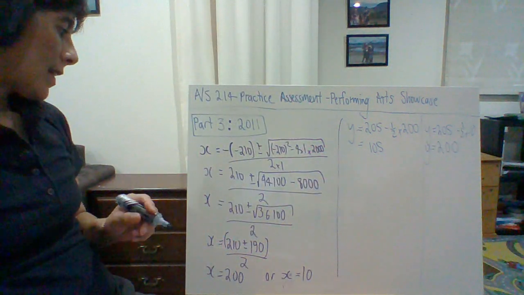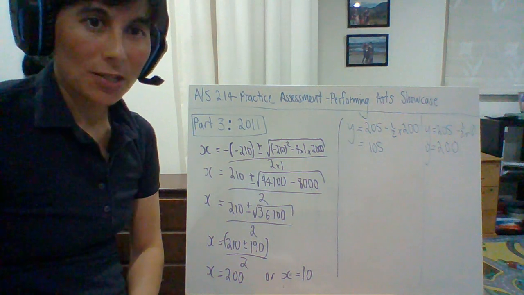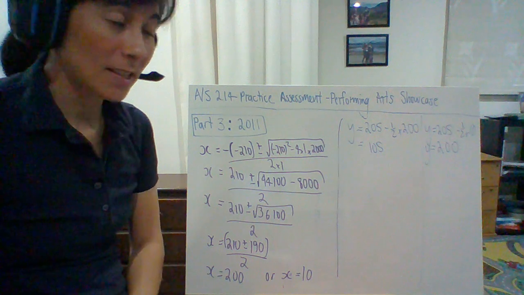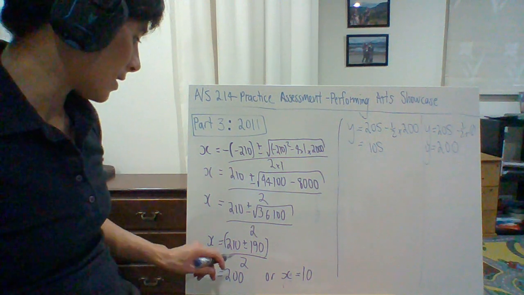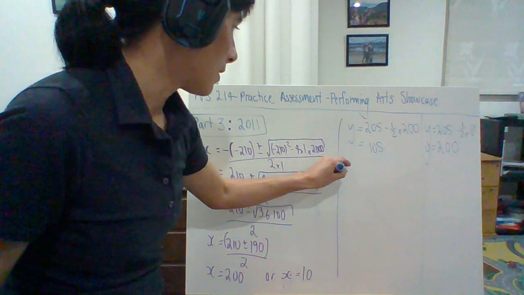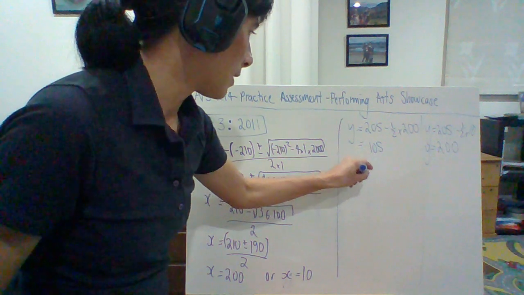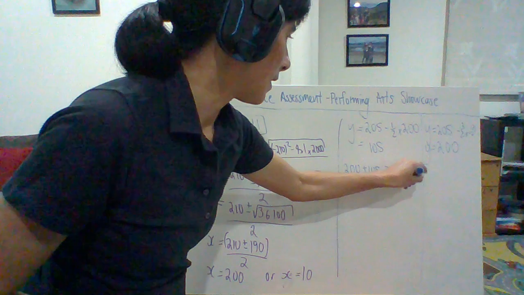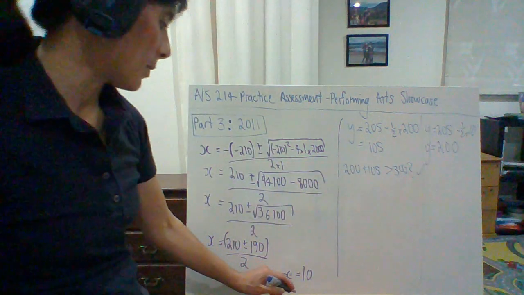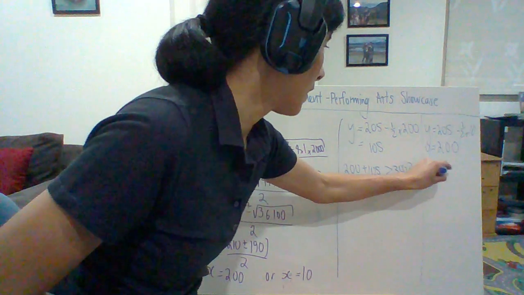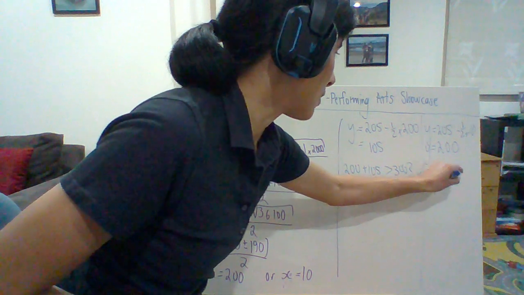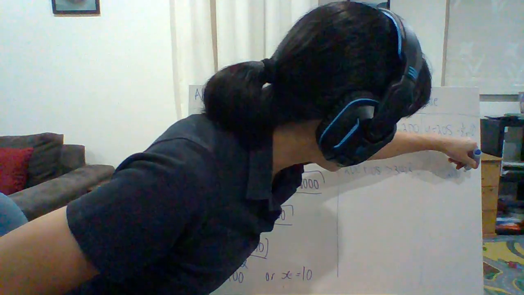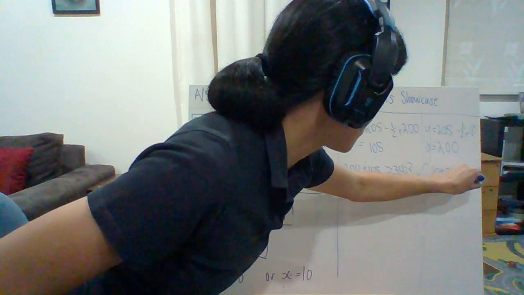At this point, we need to go to that equation 3 that we'd created, which was that x plus y needs to be greater than 300. Let's test it. If we've got 200 plus 105, is it greater than 300? Yes, it is. If we try it when x equals 10 and y equals 200, is it greater than 300?